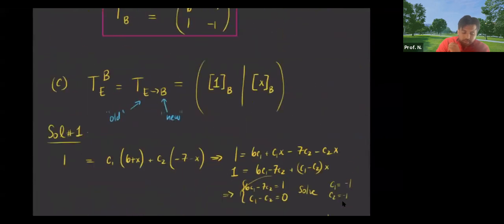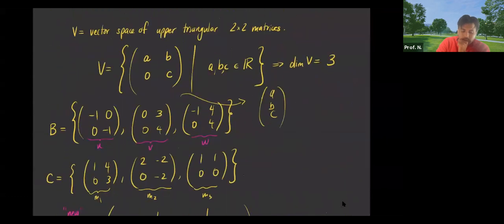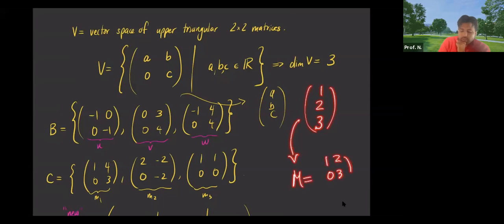Hold on. The idea is that once I have this, I can go back. So if this is 1, 2, 3, then the matrix would be 1, 2, 0, 3, like that.